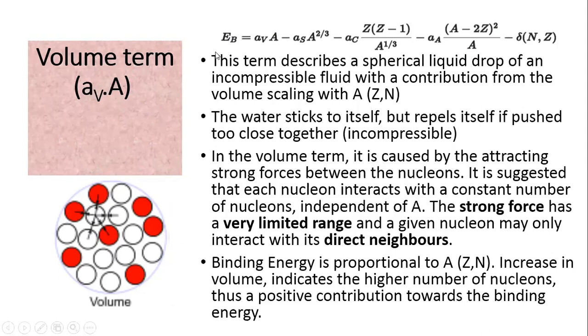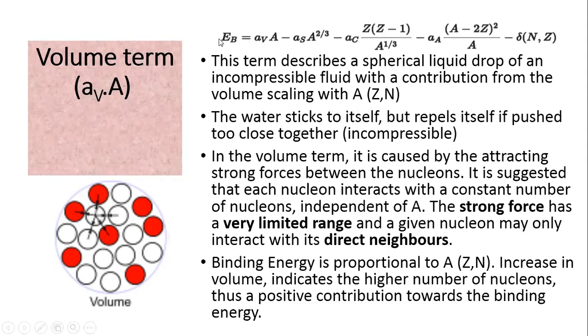In the previous video, you also calculated the binding energy. Binding energy has a direct relationship with the mass number, so it increases from hydrogen to, let's suppose, uranium 92. So this is all about the volume term.